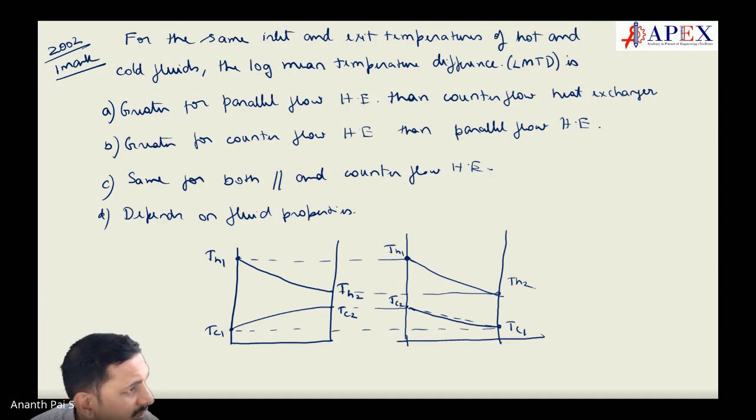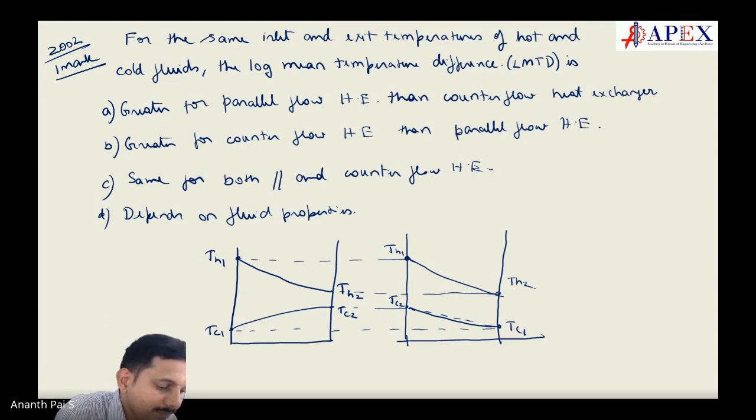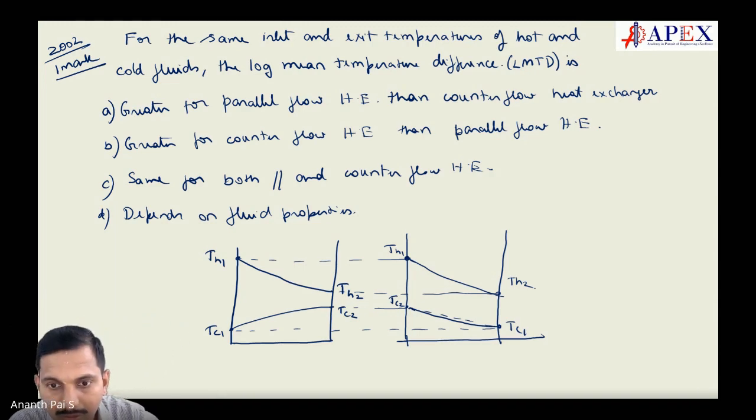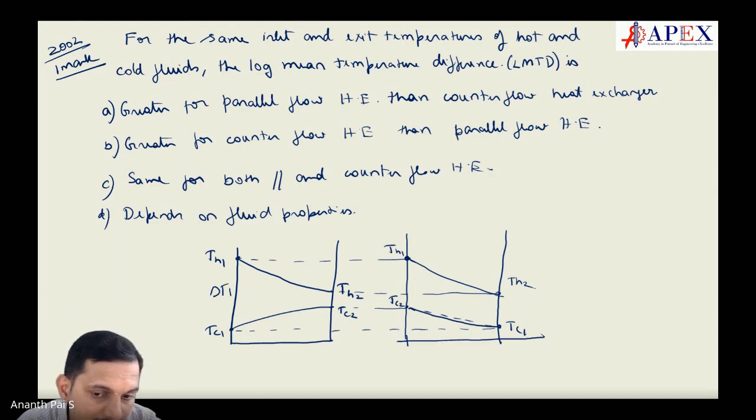Let us understand why a counterflow heat exchanger has more temperature difference. What is the reason? See, delta T1 is bigger, delta T2 is smaller, no doubt.